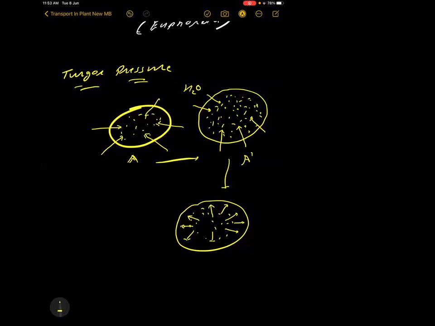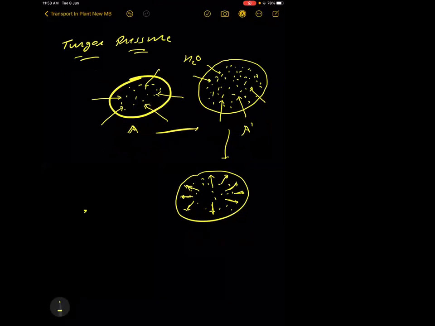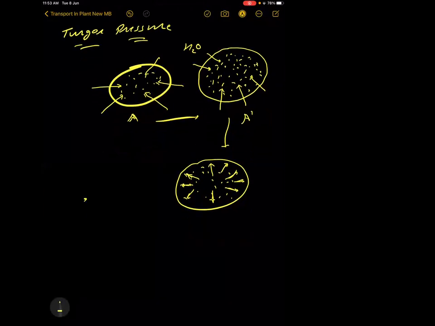The cell becomes enlarged because water is continuously entering the cell. The water is dissolved in the cytoplasm. Overall, this cytoplasm, or the water molecules, exert a pressure on the cell membrane and finally on the wall to enlarge the cell. This pressure causes the enlargement of the cell, and that pressure is called turgor pressure.